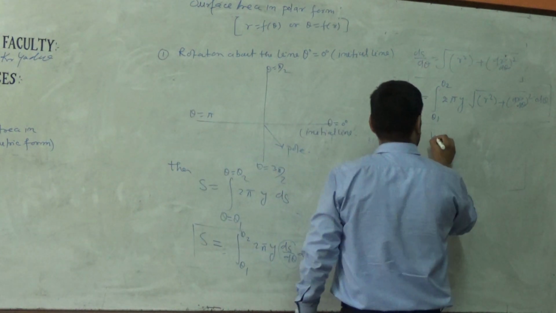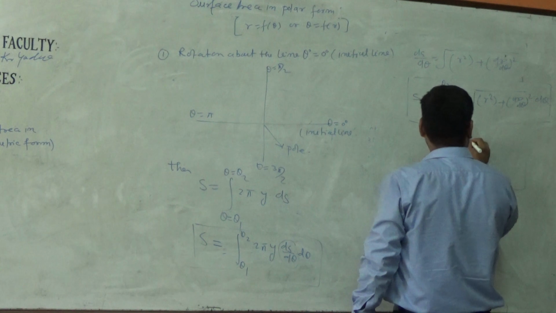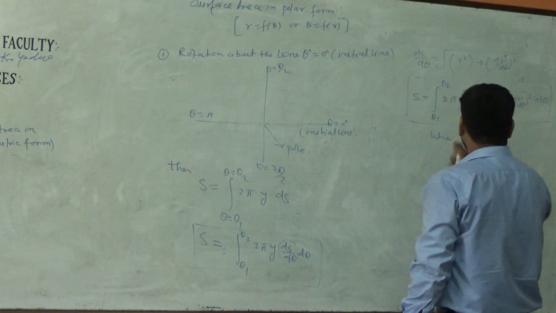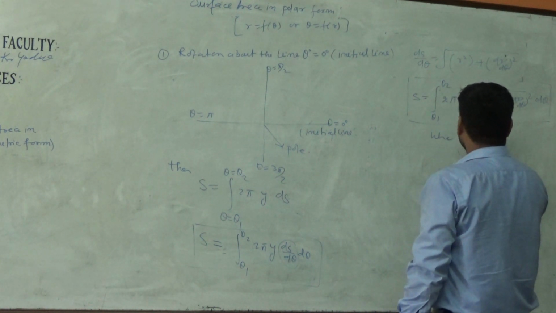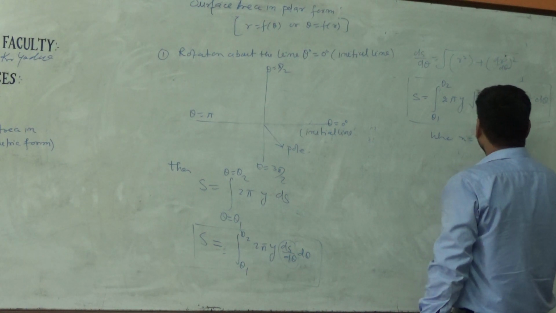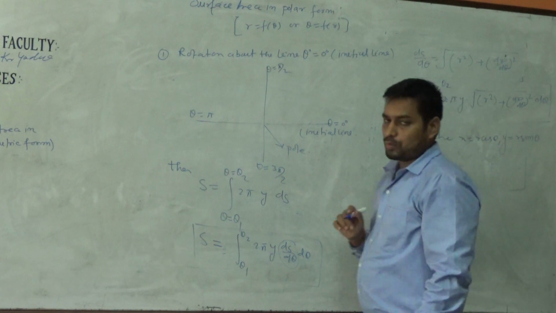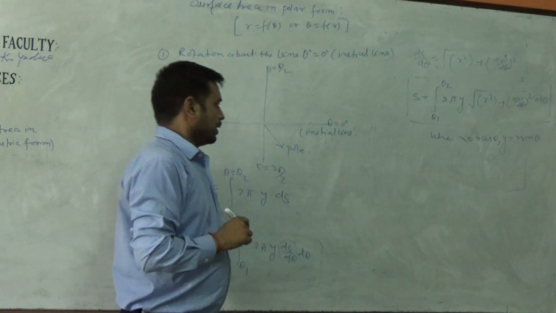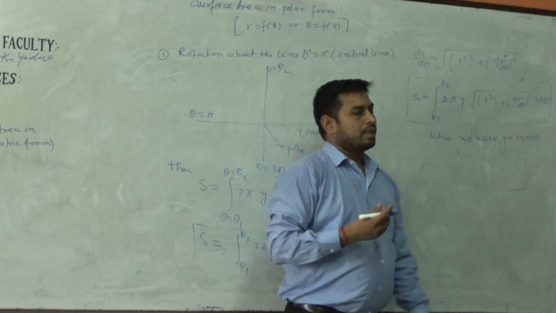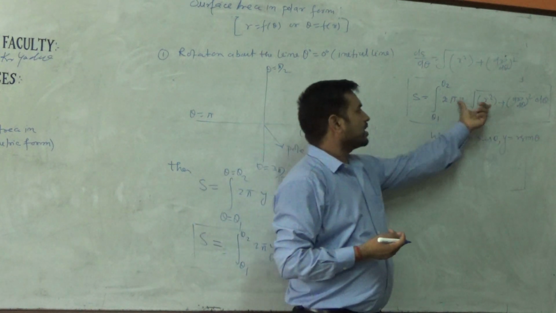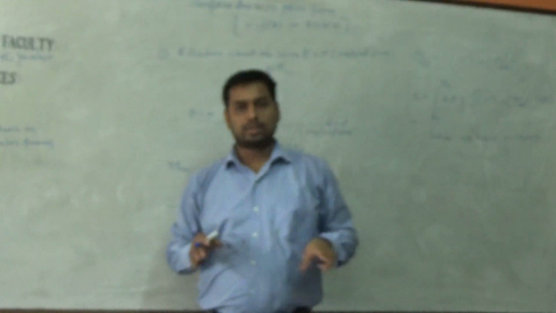Here x equals r cos theta and y equals r sin theta. We put these values in the calculation so that the whole integral is converted in terms of theta.